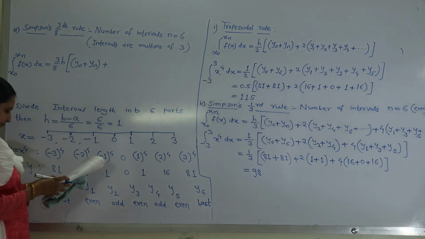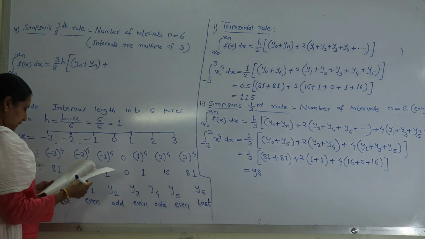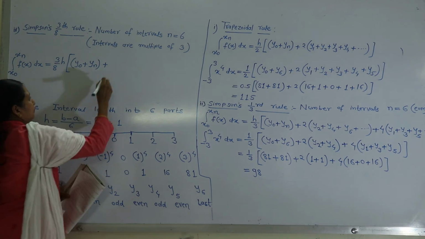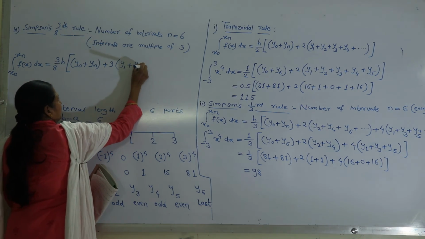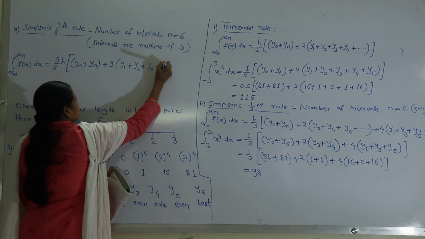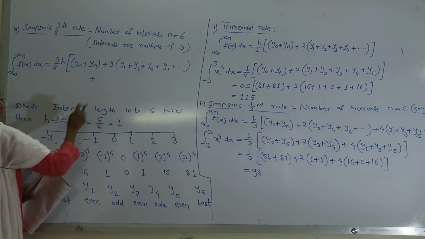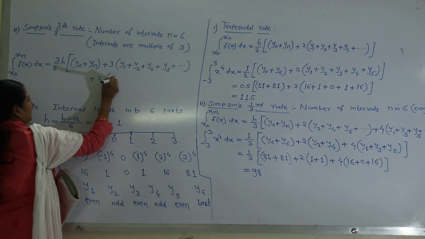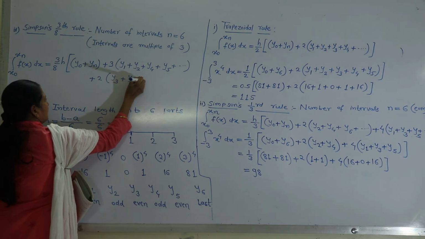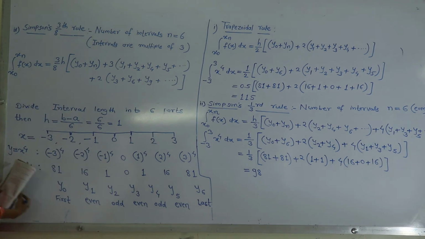Then 2 times, then the formula is 3 times y1 plus y2 plus y4 plus y5 and so on, and plus 2 times y3, y6, y9 and so on. This is the general formula, not for this example.